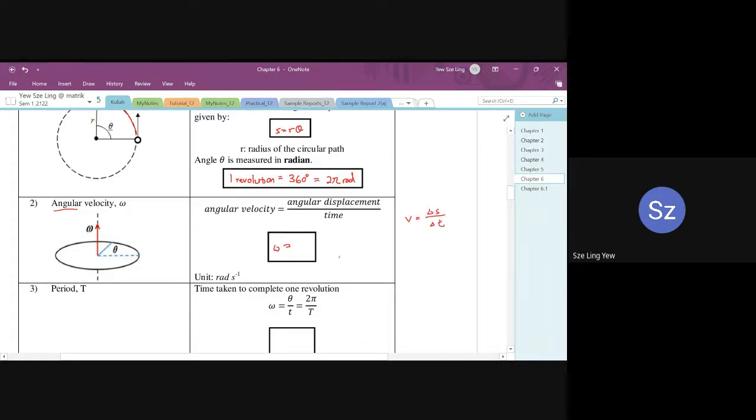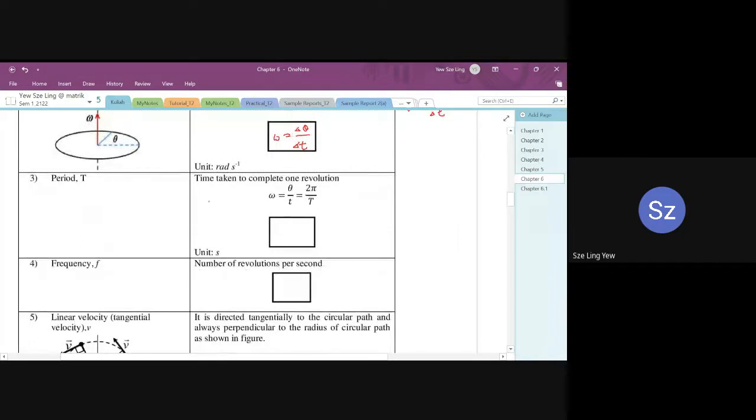When it comes to circular or rotational motion, we use angular velocity omega, which equals delta theta, the change in angular displacement, divided by delta t, the change in time, right? The unit is radian per second. Basically the equations in linear motion and circular motion are very similar. They use the same equations, but with different symbols, different variables.